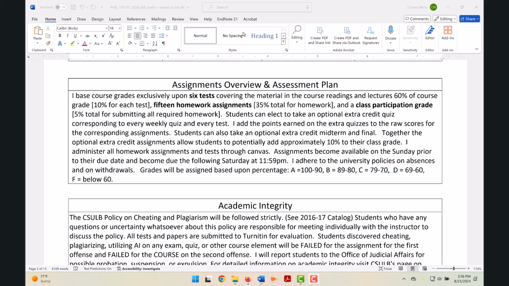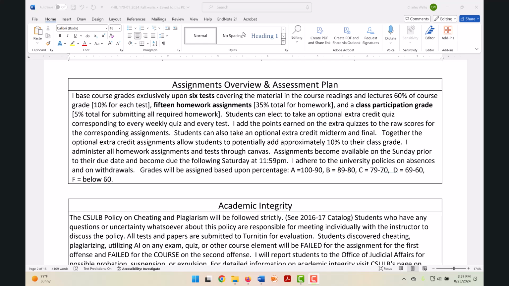The last 5% of that course grade is based on, in quotes, participation. So that will be based on the percentage of the weekly quizzes that you turn in during the course of the term. So you can get 5% of your course grade just by turning in all of the weekly quizzes.